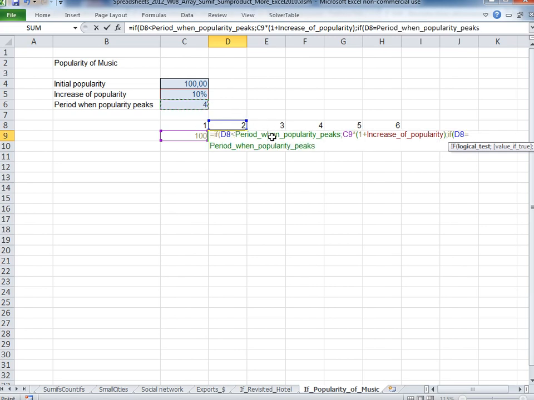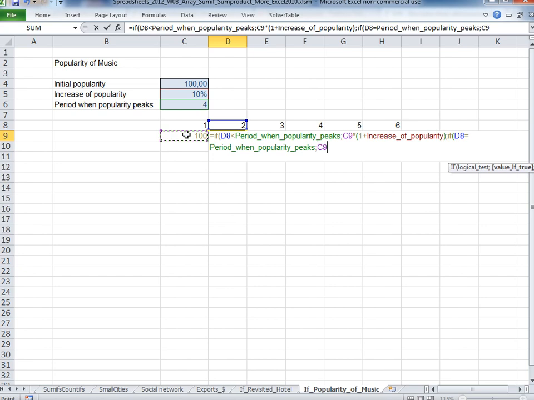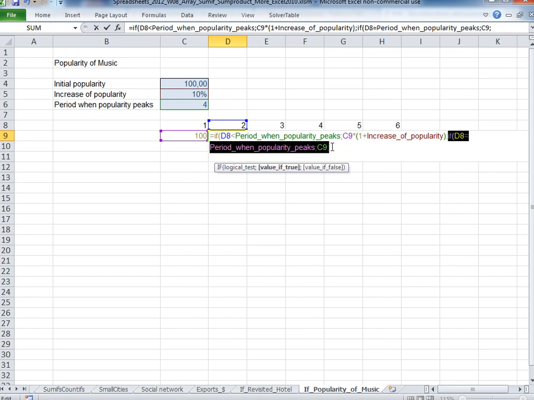Then it's really simple. Then it's semicolon and the previous value is remaining the same. And now semicolon. And now let's check this out. In the first IF, this was the condition. This was what to do. The third part, what to do in the other case, is the entire second IF. So this all here is the second IF.